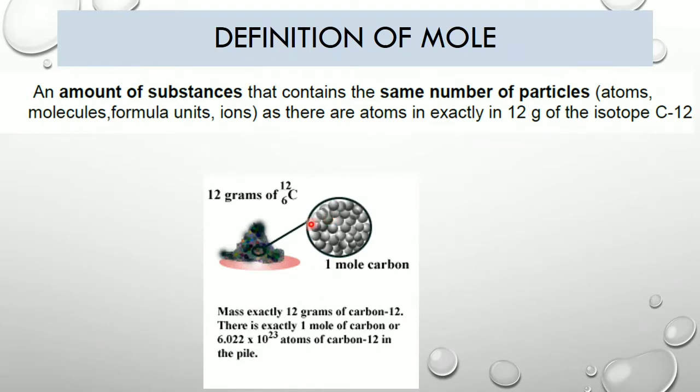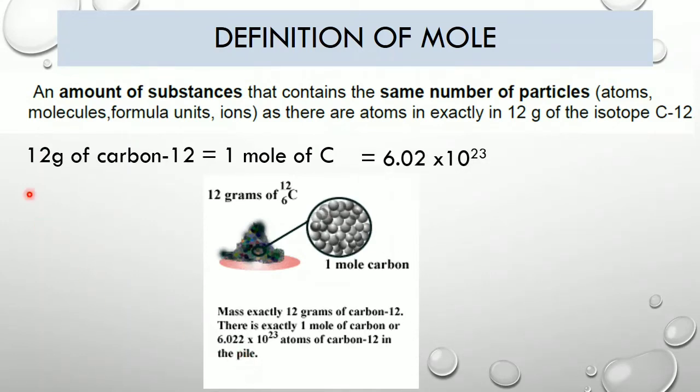Any substance which is 1 mole will contain the same number as 1 mole of carbon-12. The particles here can refer to atoms, molecules, molecular units and ions. And as we know, 1 mole of carbon-12 will contain 6.02 times 10 to the power of 23 carbon atoms.